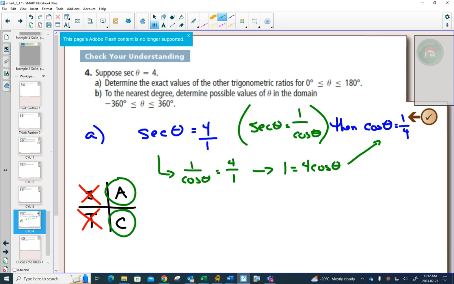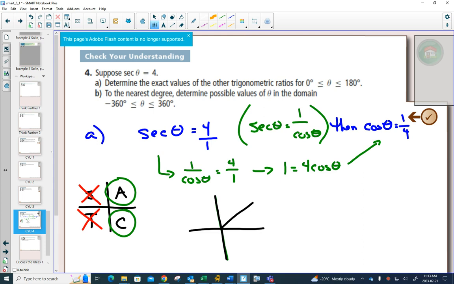Now for part A, they just say determine the exact values of the other trig ratios from 0 to 180 degrees. Can you see that would be looking only in quadrant 1 and quadrant 2? So if I drew a picture of this right now, I know that my angle is in quadrant 1.